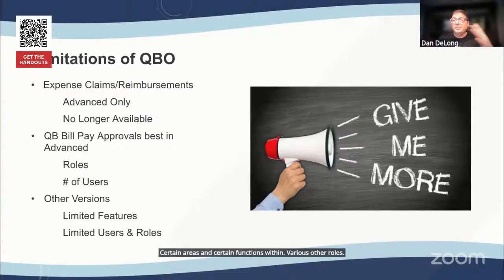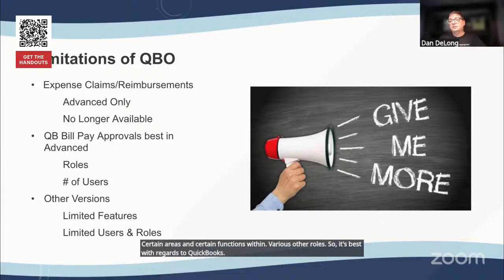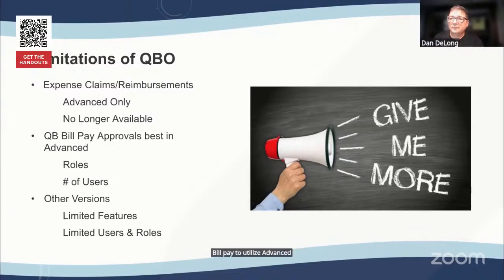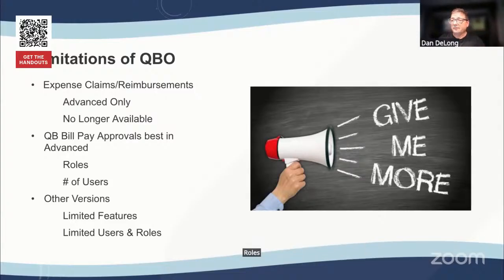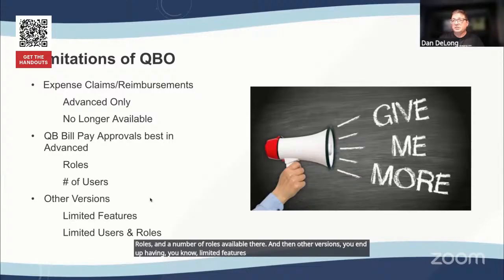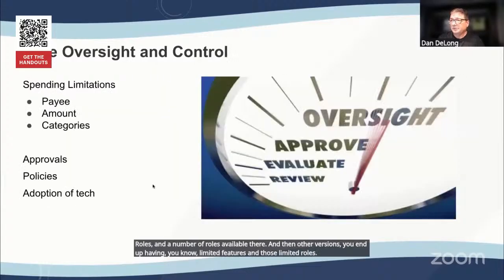So it's best with regards to QuickBooks bill pay to utilize Advanced for those features, because you're going to have those roles and the number of roles available there. And in other versions, you end up having limited features and those limited roles and users.